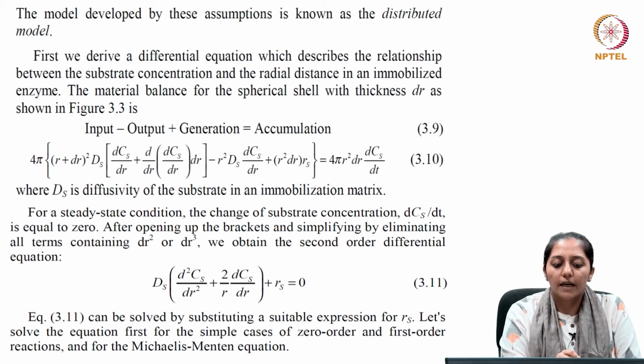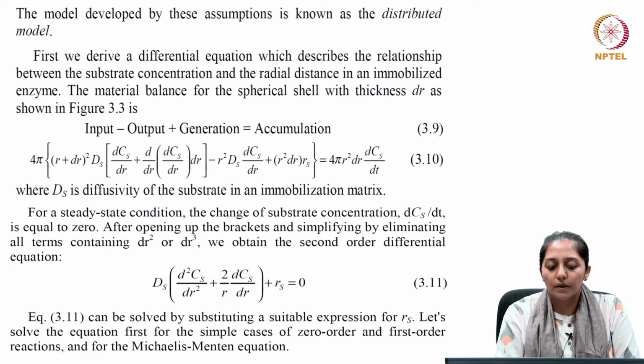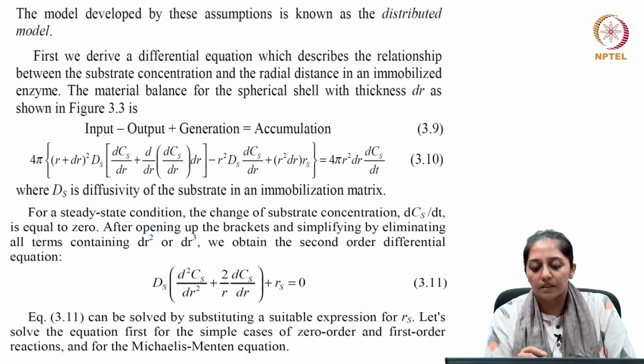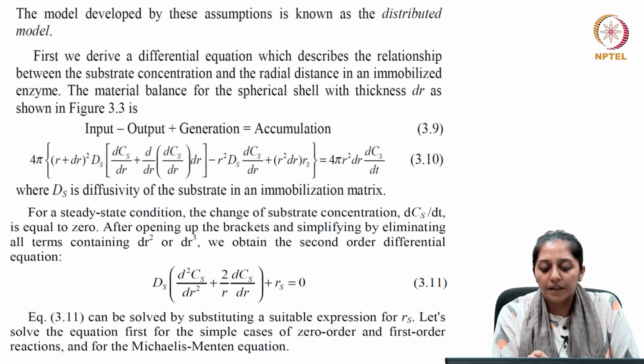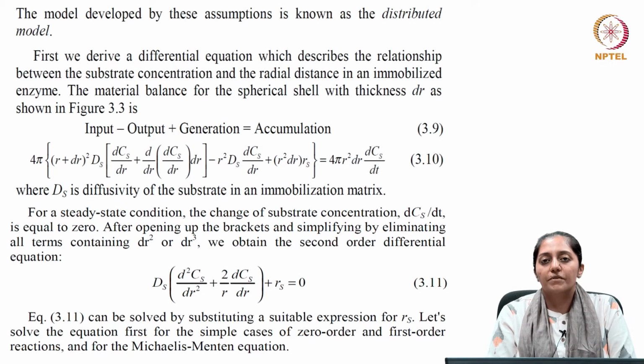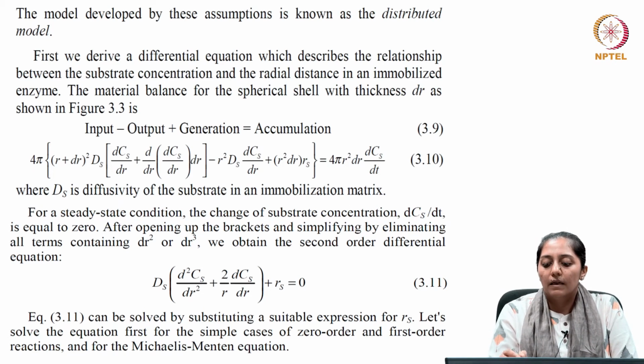The rate of input and the rate of output have been placed at the first two terms, and the third term defines your substrate consumption rate, and on the RHS is your rate of substrate accumulation inside the shell of thickness dr.